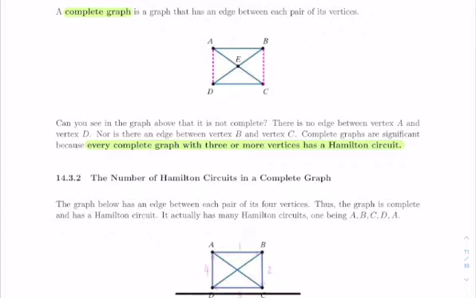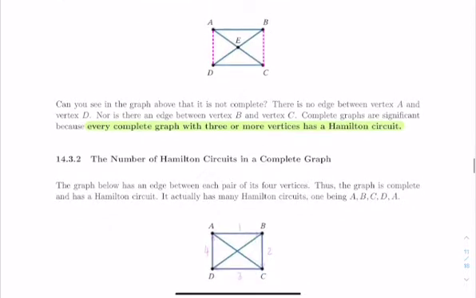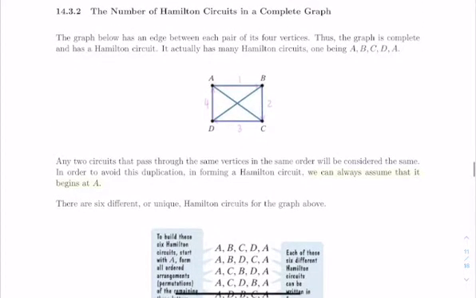The graph below has an edge between each pair of its 4 vertices. Thus, the graph is complete and has a Hamilton circuit.